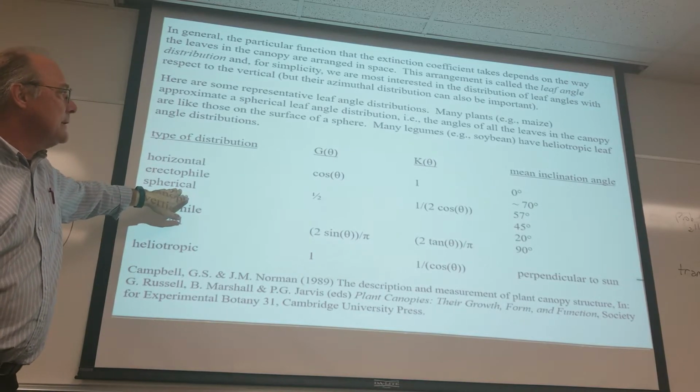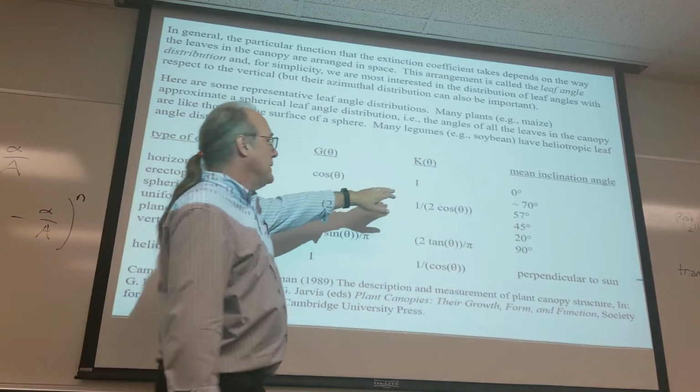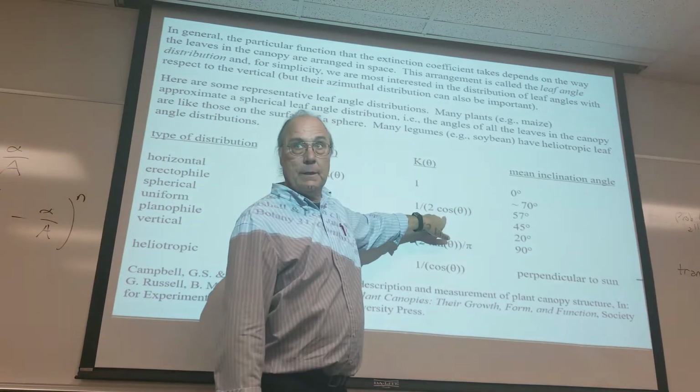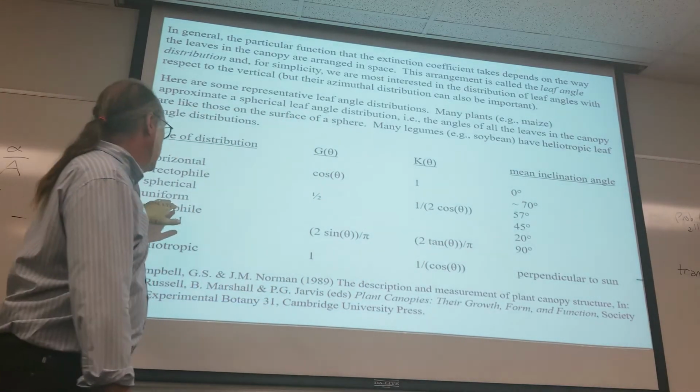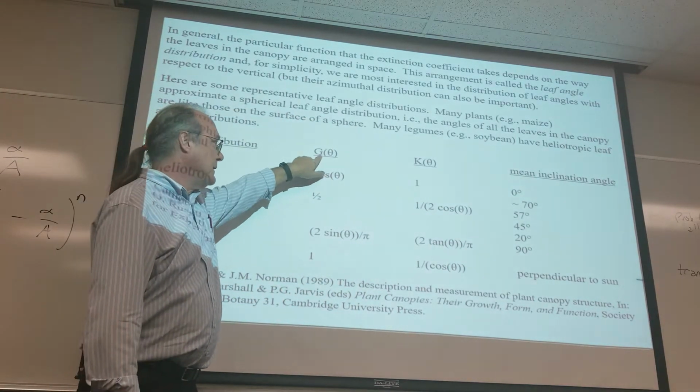So for a spherical leaf angle distribution, the value of this function K of theta is 1 over 2 cosine theta. The value for the spherical leaf angle distribution of G of theta is 1/2.